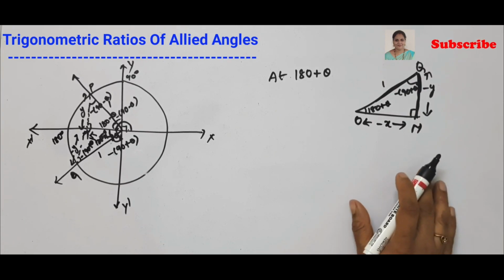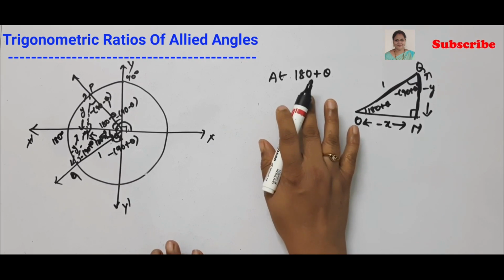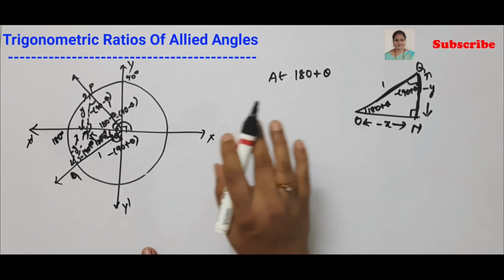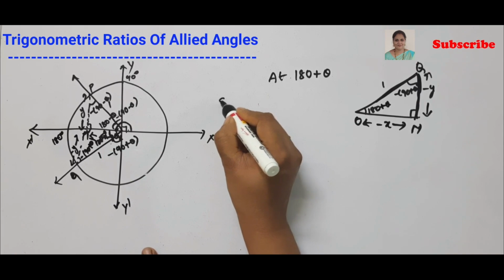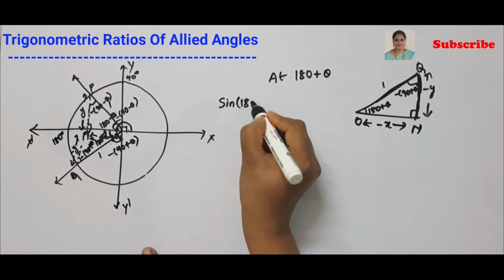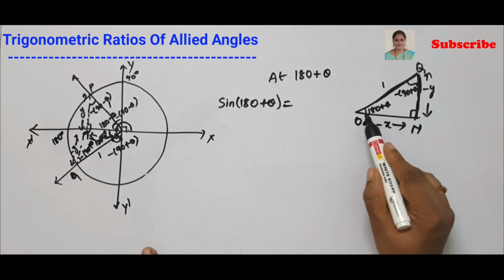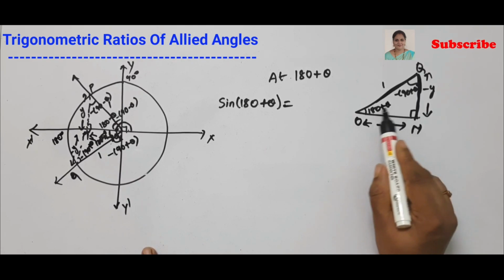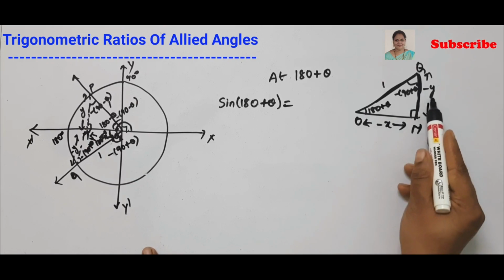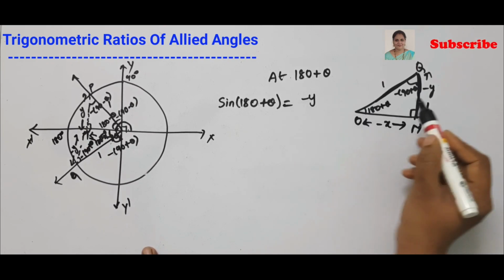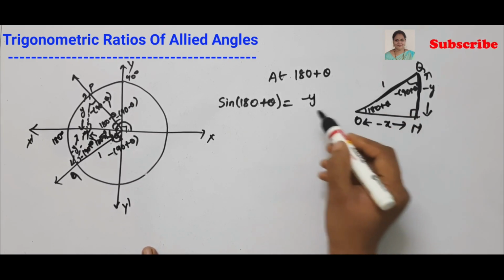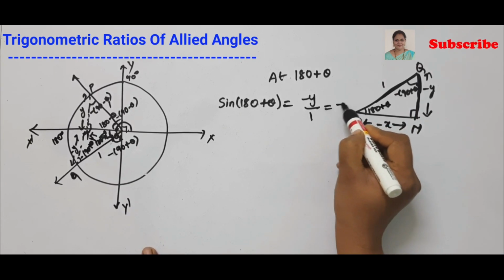Now using this triangle, let us calculate the trigonometric ratios at 180 plus theta. As usual, first let us do sine and cos. Sine 180 plus theta means the length of the side opposite to this angle, which is minus y, by the hypotenuse, which is 1. So sine 180 plus theta is equal to minus y.